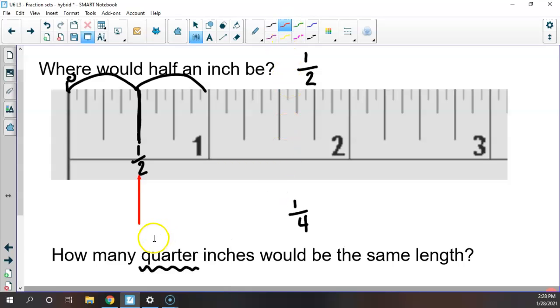So it would have to be 4 sections or 4 jumps. So I'm looking and I'm thinking it's 1, 2, 3, 4. Each of those would be 1/4 of a jump. So this one here must be 1/4.